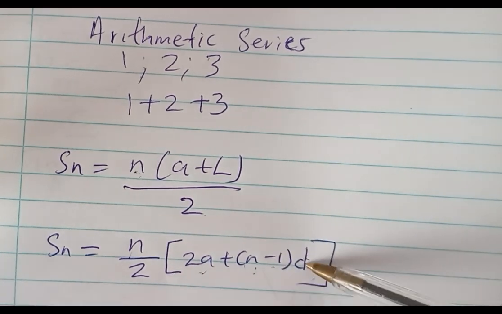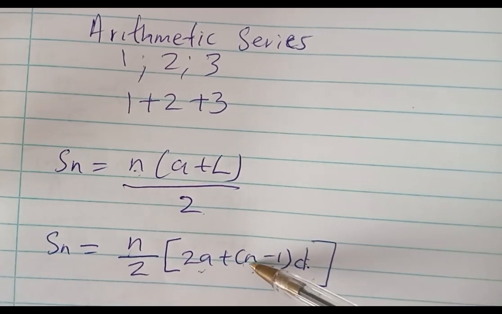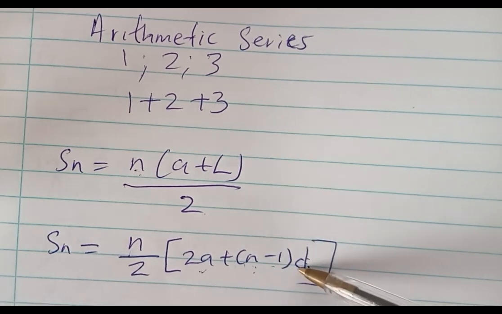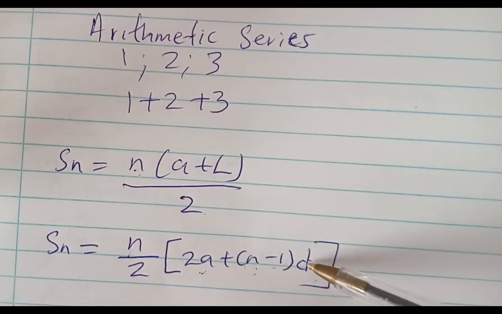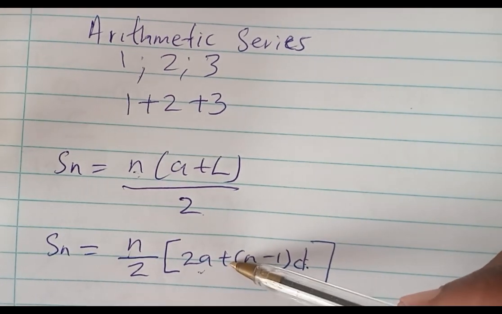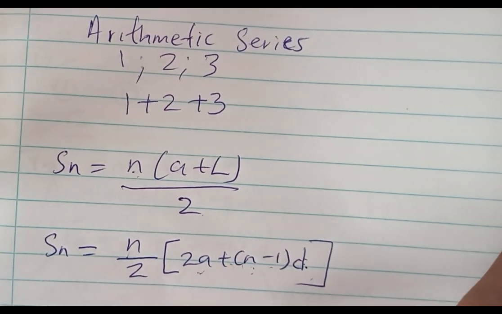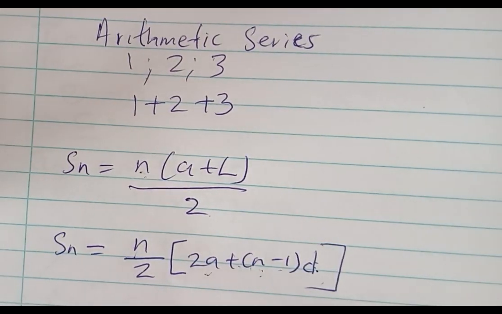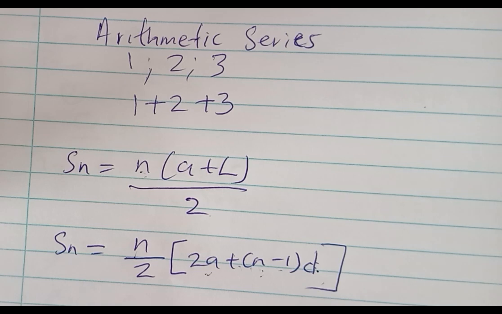So let's say here you have 4 and here you have 4 minus 1. On your calculator, write this one as if it is in front of this bracket so that your calculator can give you an answer. Okay, but we'll do questions. So those are the two formulas for arithmetic series.